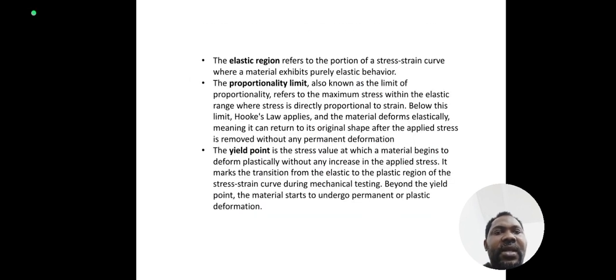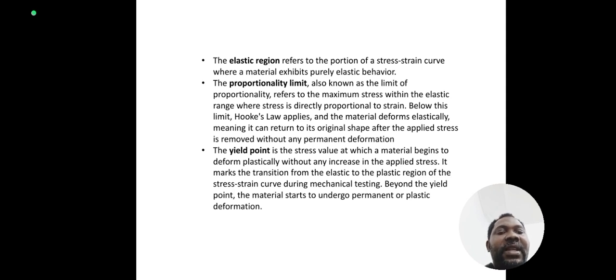Now the next is the proportionality limit, also known as the limit of proportionality. It refers to the maximum stress within the elastic range where stress is directly proportional to strain. What that means is that the proportionality limit is the limit where Hooke's law is obeyed.